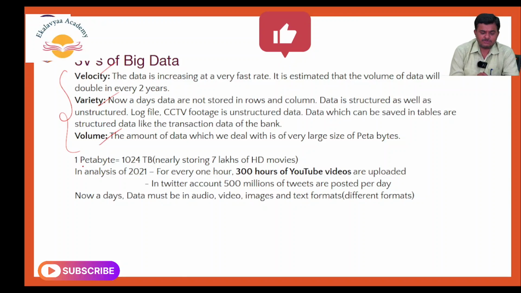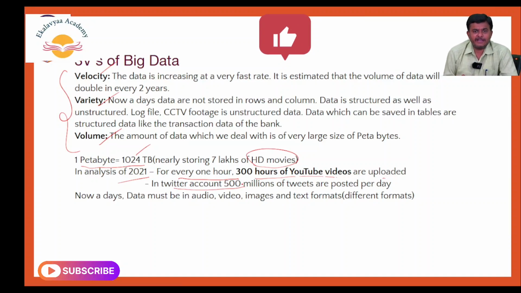So we'll see a small statistic here. 1 petabyte is equal to 1024 TB, so nearly storing 7 lakhs of HD movies. As per an analysis of 2021, for every 1 hour, 300 hours of YouTube videos are uploaded to the YouTube site. On Twitter, 500 million tweets are posted per day.